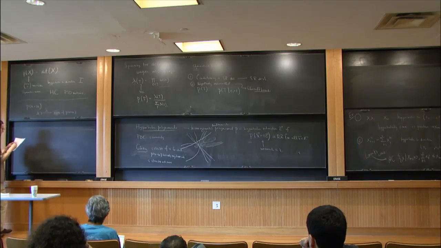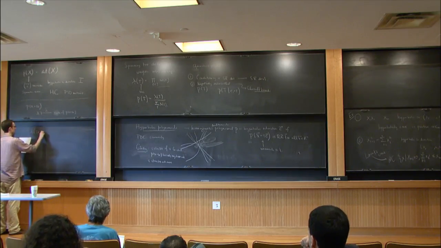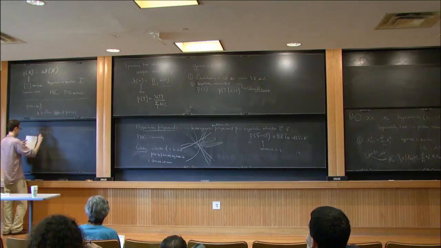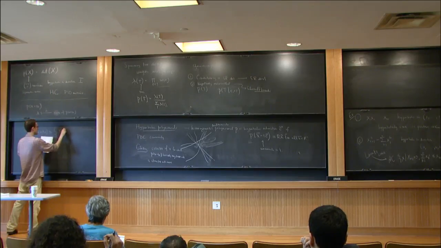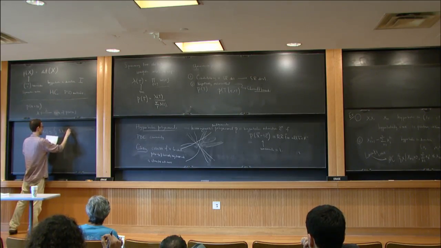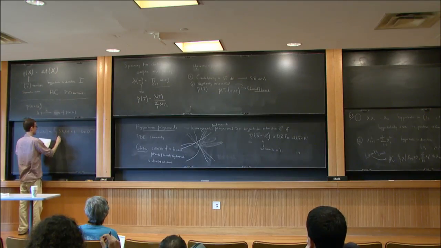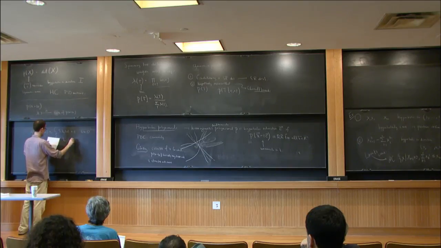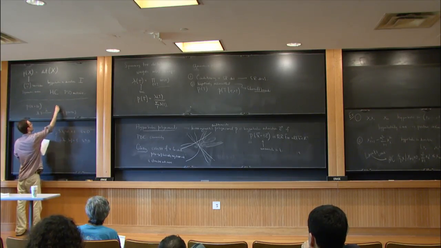And this satisfies that lambda_j of sx plus te is s lambda_j of x plus t for s greater than or equal to 0, and these will be ordered.